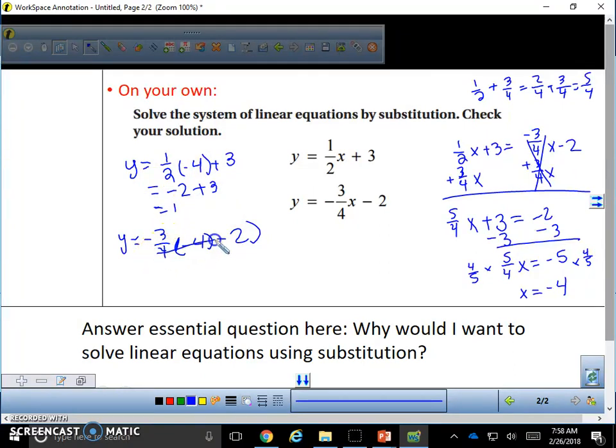Okay, these two cancel out. Negative 3 minus 2. Oh, something happened. Oh, this is positive 3. Negative times negative is positive. Equals 1. Okay. Negative 4 is x and 1 is y.